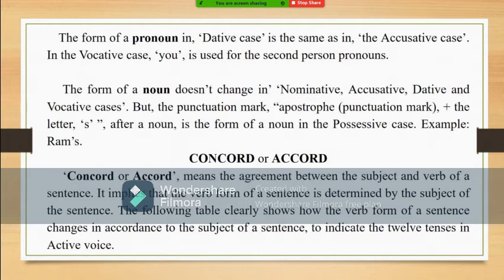When it is an indirect object, there is no change. When you use the noun to call that person, there it is vocative case. There also it doesn't change. So there is no change in noun while it is used in different cases, in nominative, accusative, dative and vocative cases. In 4 cases, its form won't change.